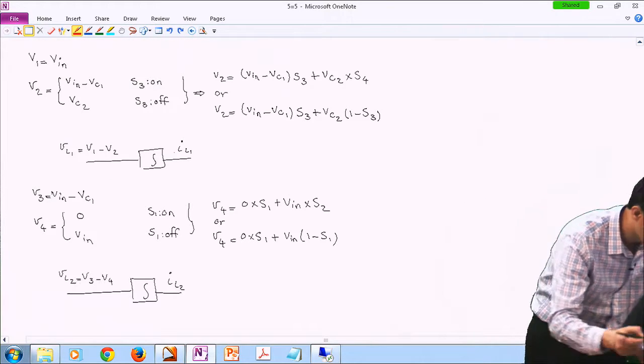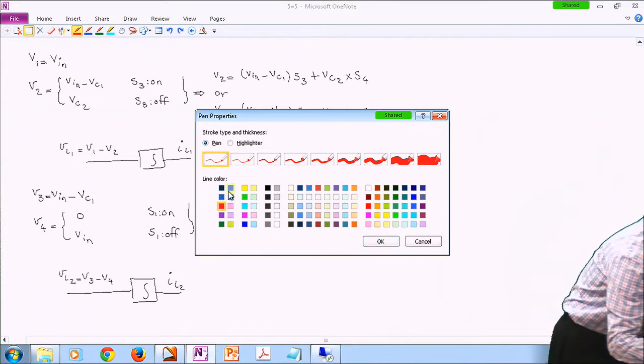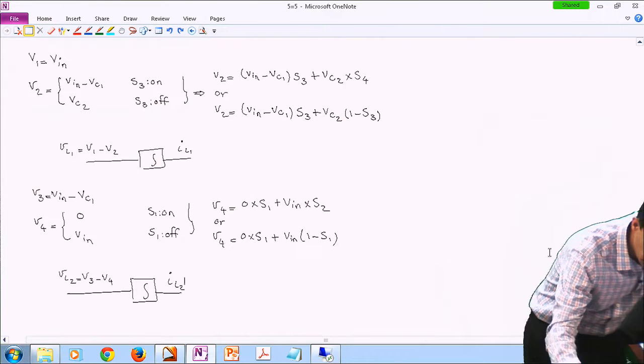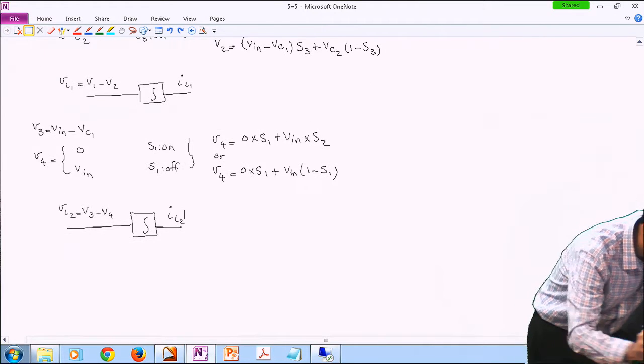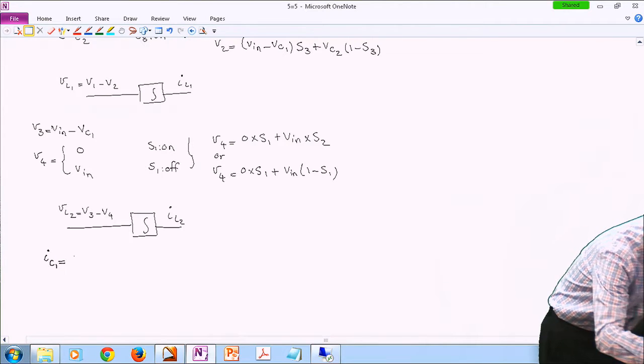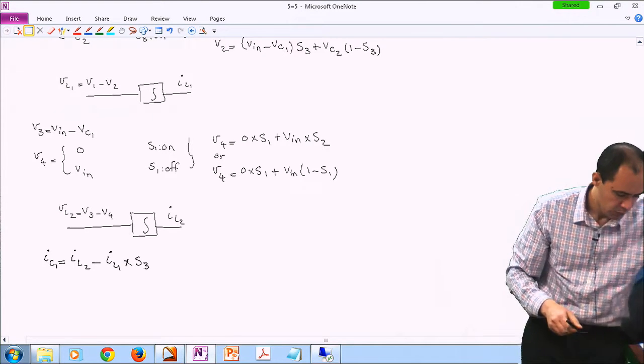All right, so the current of the first capacitor is, times S3.